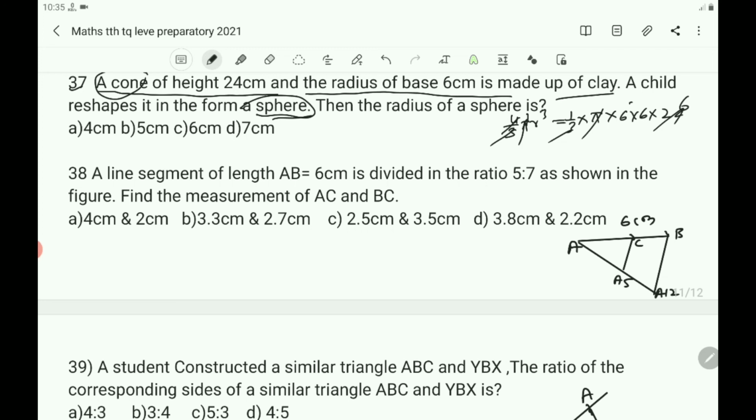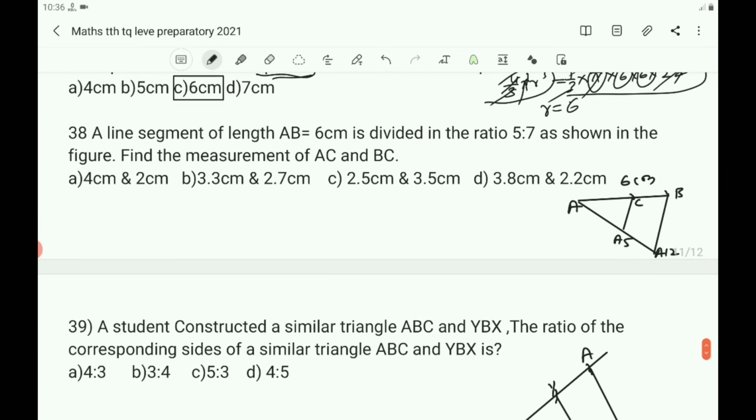So you will get here r cube equals 6 cube, 6 into 6 into 6. Then what is the value of r? r is equal to 6. So you got that r equals 6 cm. Here you must know the formula and you must use the trick in calculation. Don't put the value of pi. Here you must make 4 by 3 into pi r cube equal to the volume of the cone.